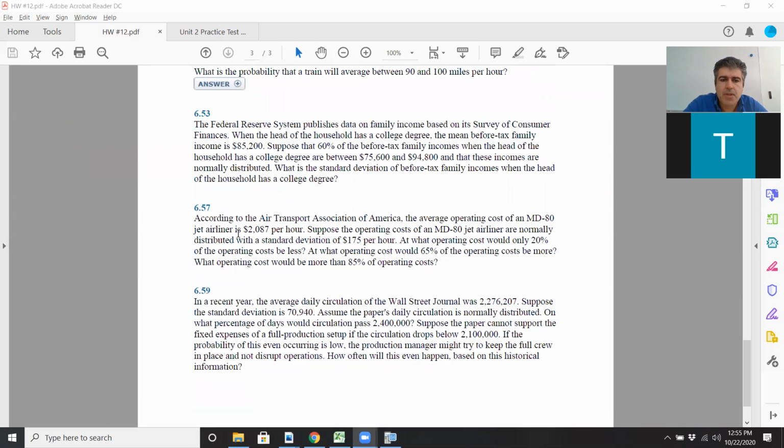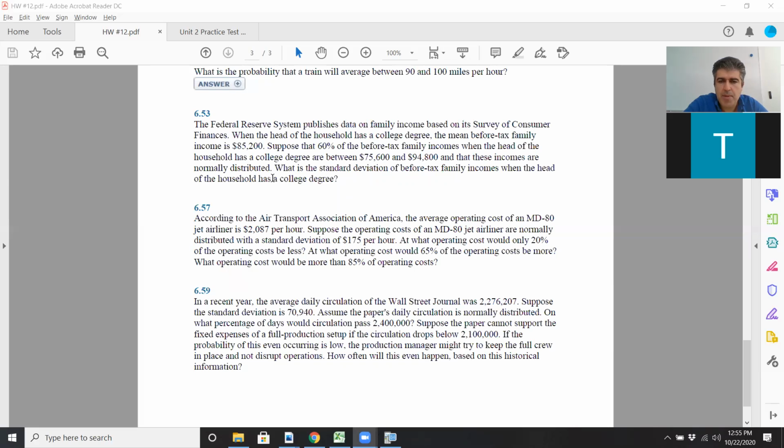Then we have 3 more problems down below before we go to our breakout session. The Federal Reserve System publishes data on family income based on a survey of consumer finances. When the head of the household has a college degree, the mean before-tax income is that much money. Suppose 60% of before-tax family incomes when the head has a college degree are between those two amounts.